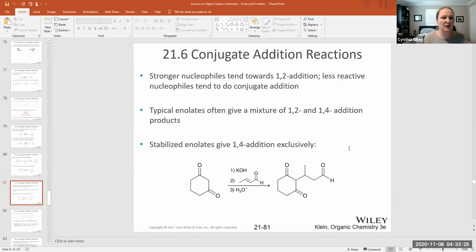Okay, so just in summary, stronger nucleophiles such as the Grignard reagent tend to do 1,2 addition, right? And that's because, again, that carbon is more electrophilic, and so its initial reaction, where we're doing a nucleophilic attack, is preferred at the carbonyl carbon.